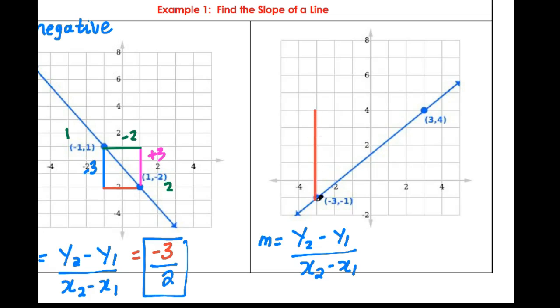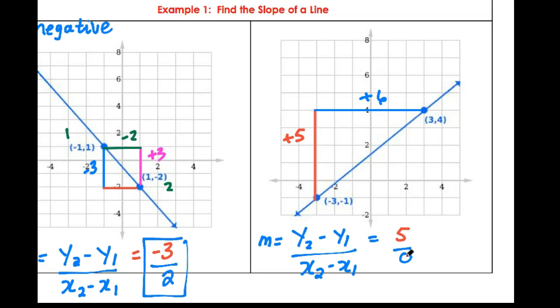Okay, and that was up 1, 2, 3, 4, 5 to get on that same level. Up 5, so it's positive. And I'm going to run now. I'm going to go to the right. Moving to the right is positive direction. So right 1, 2, 3, 4, 5, 6, plus 6. So my slope ends up being 5 over 6.